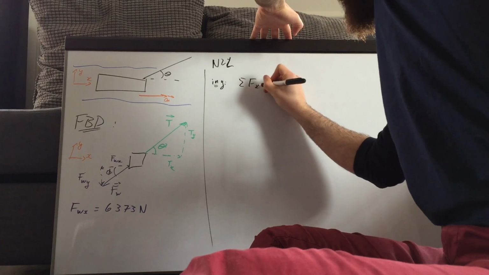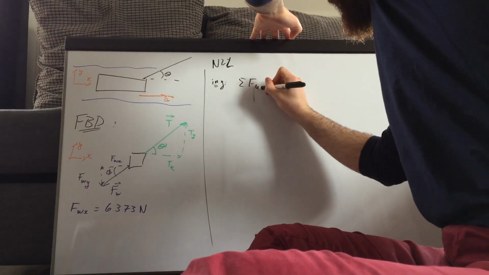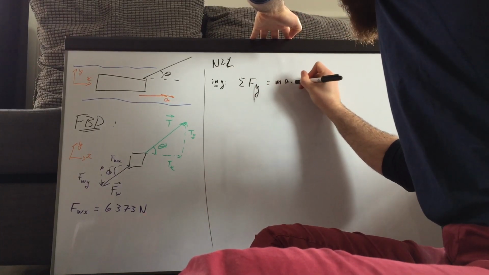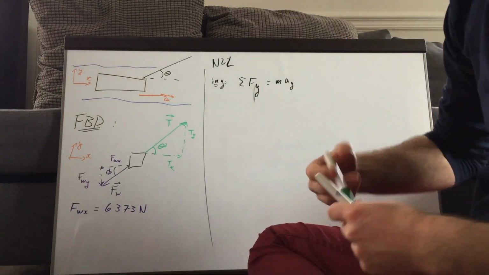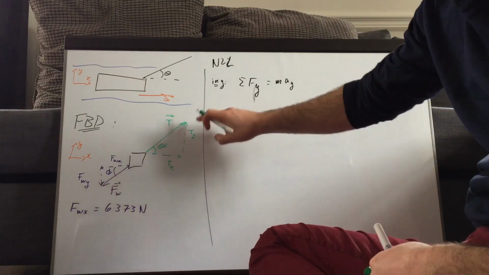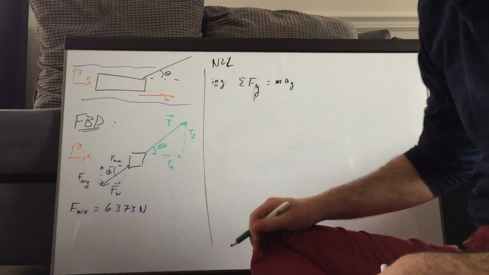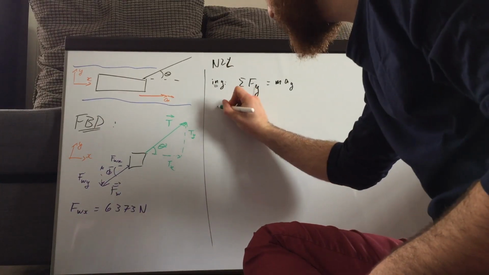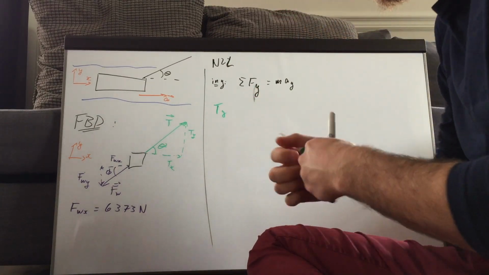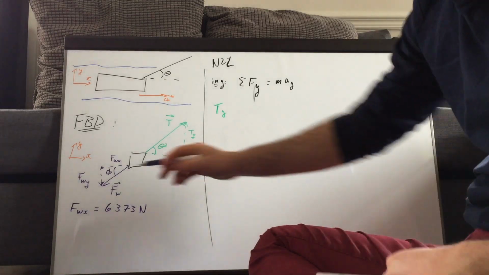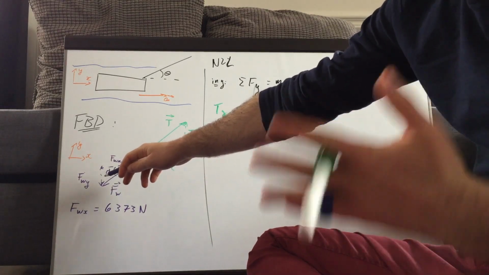Sum of the forces in, not x, y is equal to the mass times the acceleration. In y, we have in green the tension. Tension in the y direction goes with the positive y axis. It's positive here, so we'll have Ty. We have a component in the y direction for the drag force.